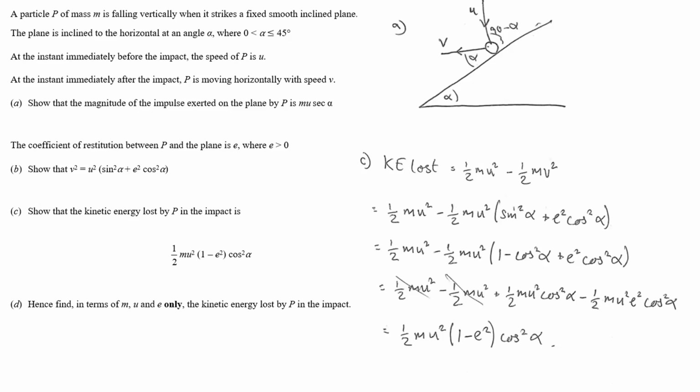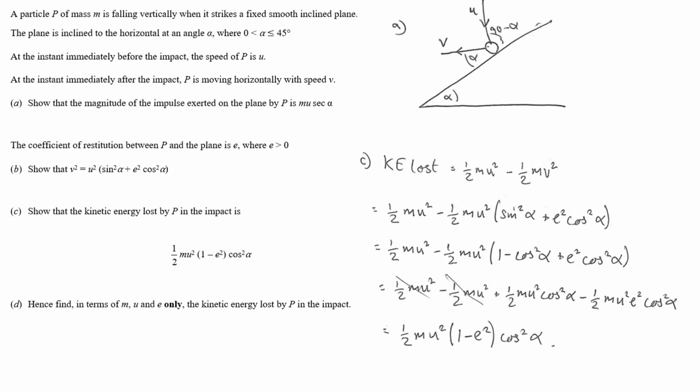And v squared is what we worked out earlier, just a few seconds ago, and I substituted for that and expanded the brackets, and you get half mu squared cancelling each other out, and you're left with that.